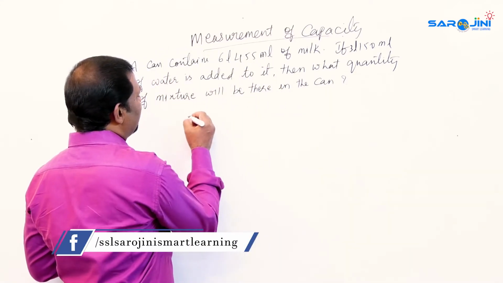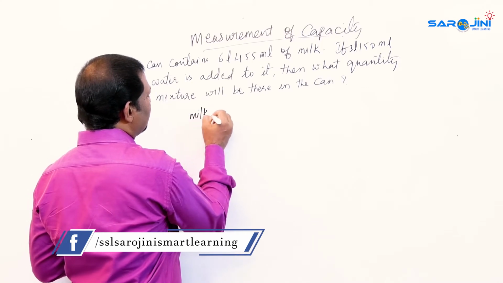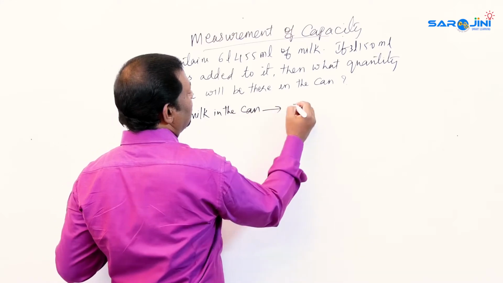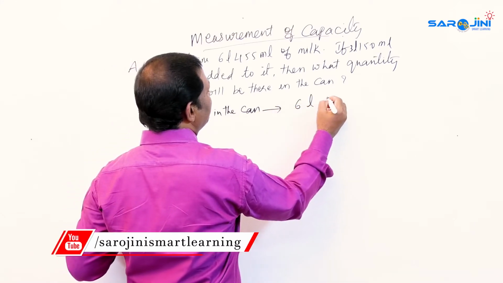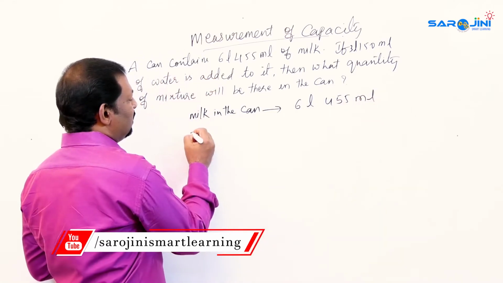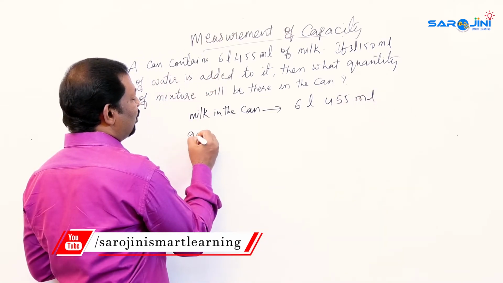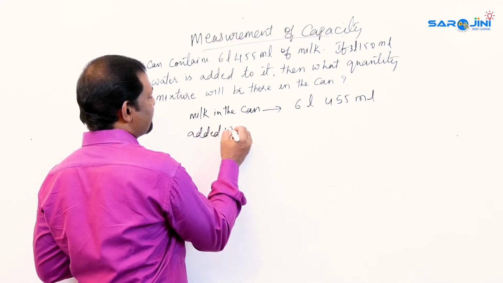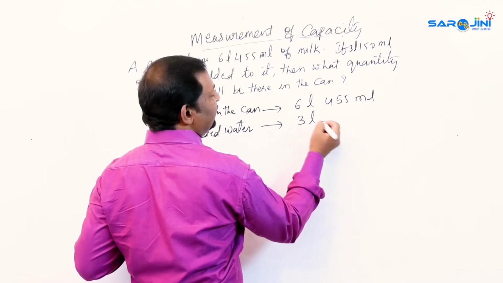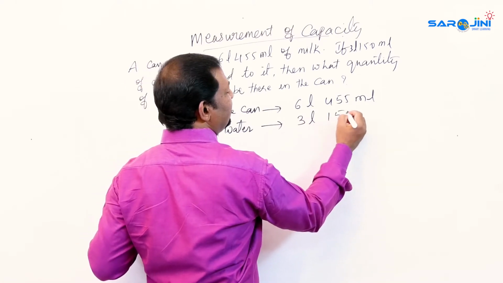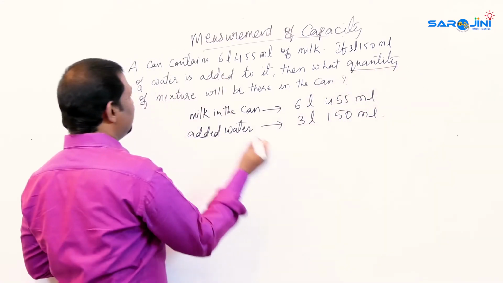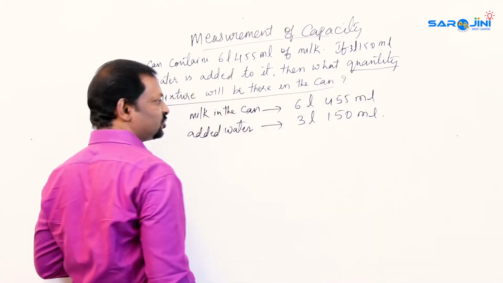So milk in the can, 6 liters 455 milliliters, right? Added water to it. How much? 3 liter 150 ml. Then what quantity of mixture will be there in the can? So total quantity.